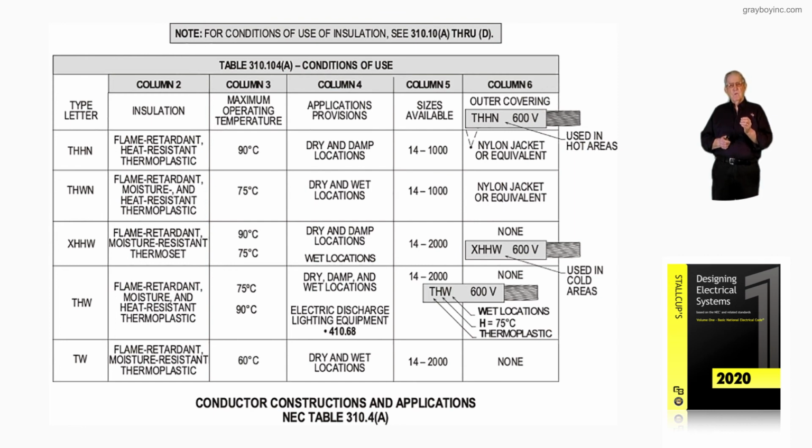And it'll also refer you to the sections that you would look at for wet, damp, dry, insulation exposed to the sun, that kind of thing. And that's all in those two sections, and you don't have to remember all these sections if you just remember, when you deal with conductors and conductor insulation, look at 310.6 and 310.10.